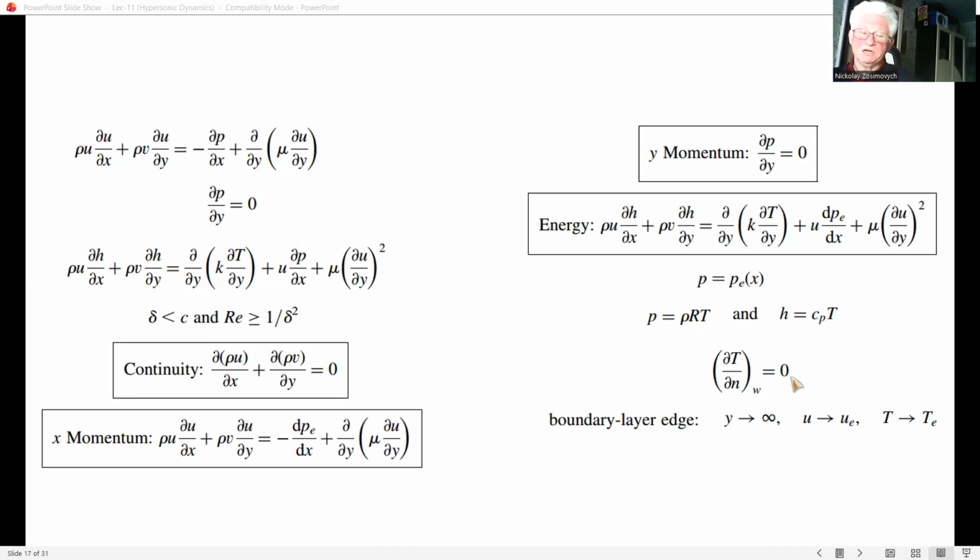At the boundary layer edge, we have this expression on the bottom. Because the boundary layer thickness is not known a priori, the boundary condition at the edge is given at large y, essentially y approaching infinity.